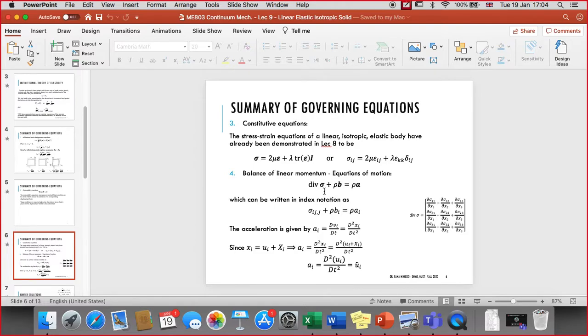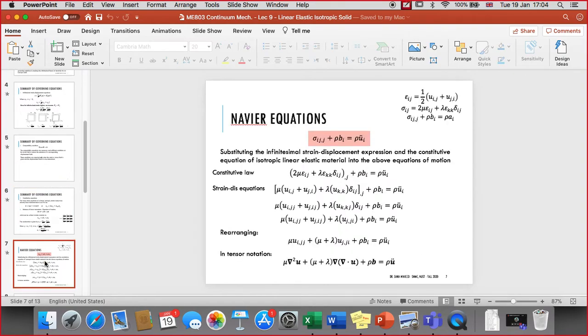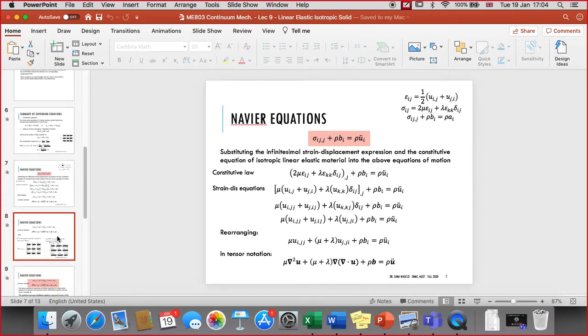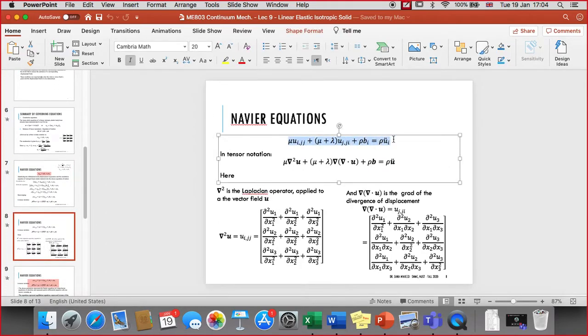When we plug that in there, we basically can convert all of those three different relationships into one, combined together to get just one equation in terms of the displacement of the continuum.